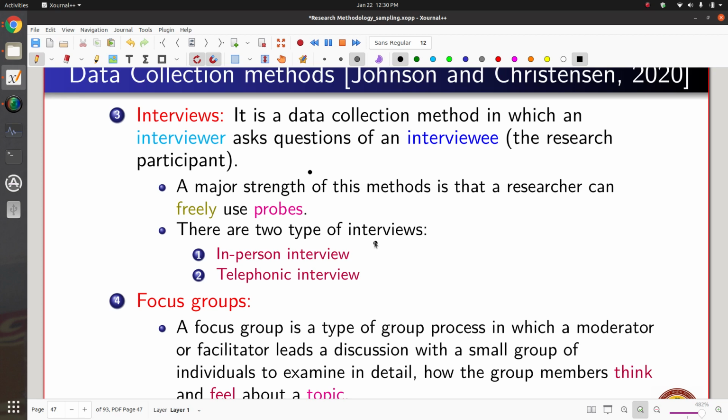But what will be the order of those questions is not decided. So as an interviewer, you are free to decide what should be the sequence of questions. So here you will have a lot of flexibility, but since your questions are a bit predefined, order is obviously not there. Order is independent.